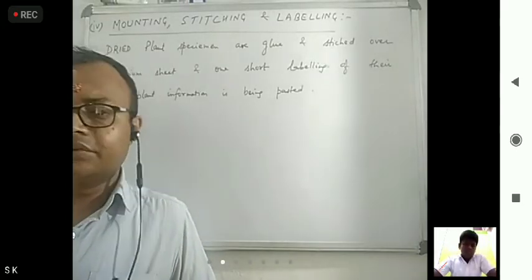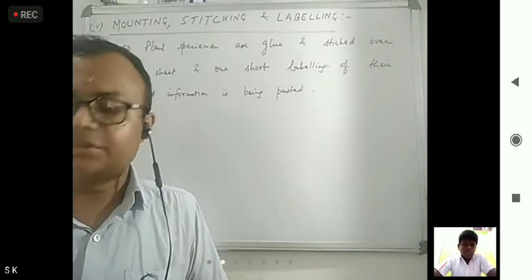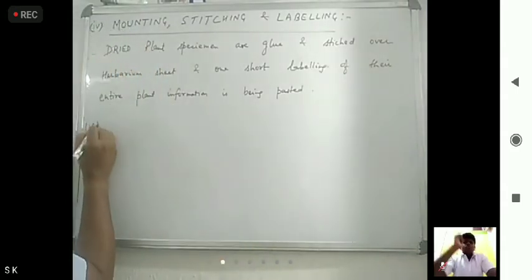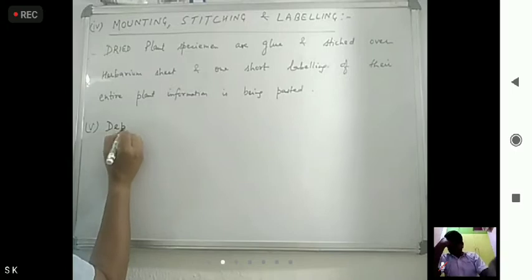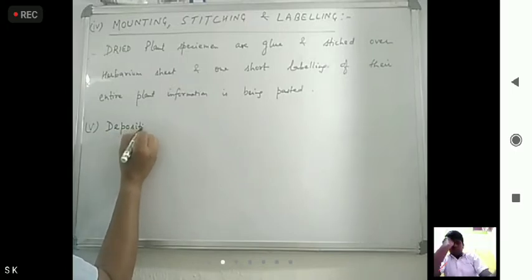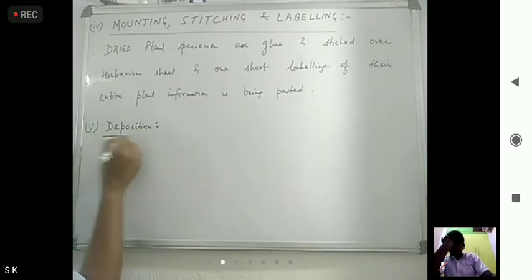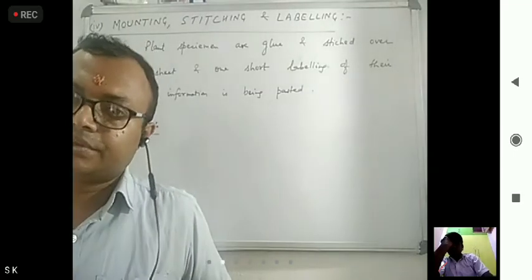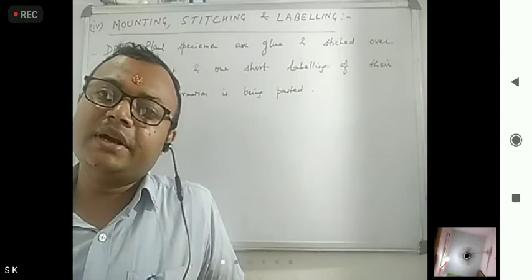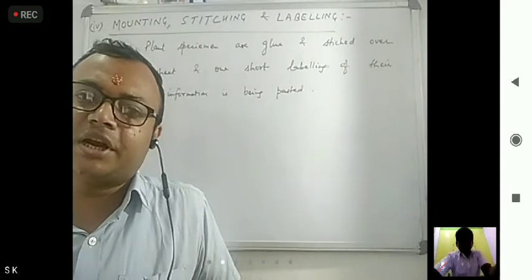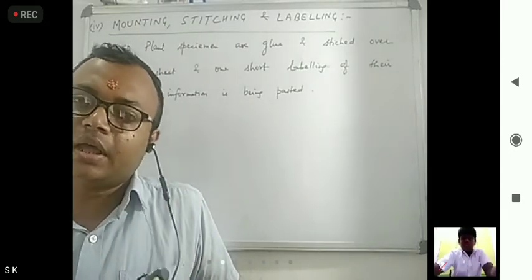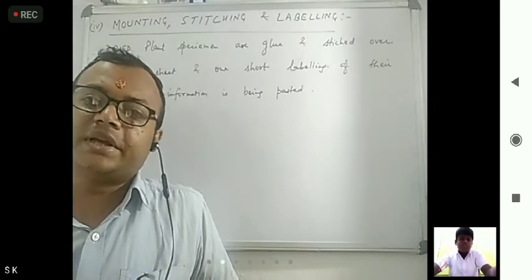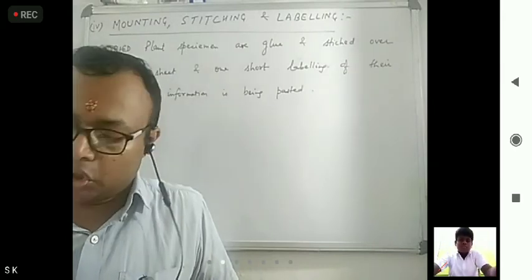After that, the final step is deposition. Okay, so this is the step where a government body or any private authorized body has to recognize or verify, according to scientific needs, whether it has been done properly or not.